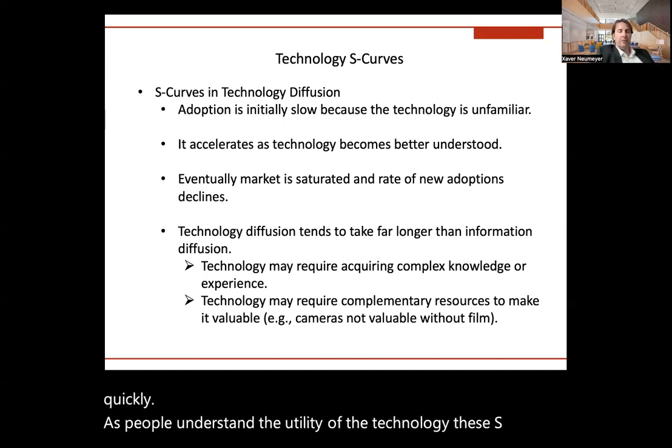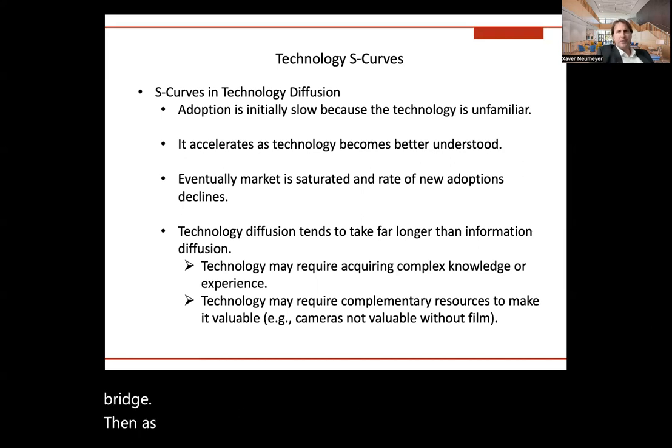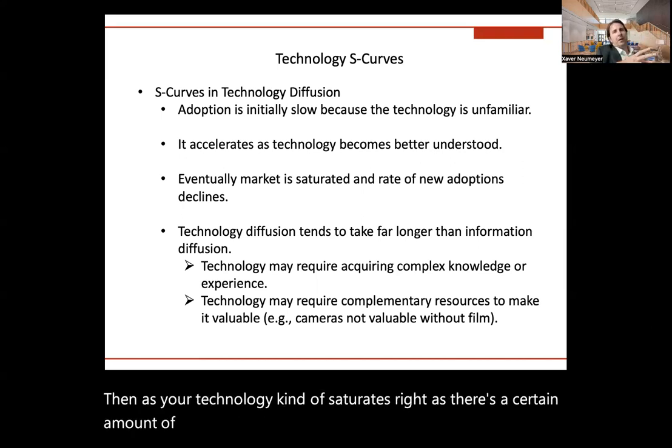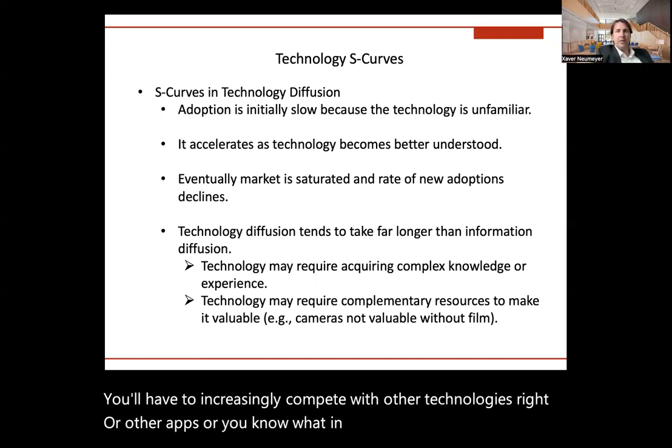That's the critical part that you have to bridge. Then as your technology saturates, as there's a certain amount of users, you'll have to increasingly compete with other technologies or other apps, in whatever sector you're in. You have to deal with this.